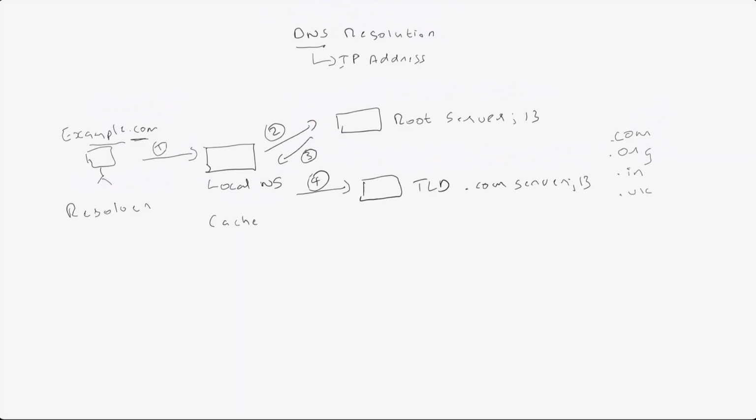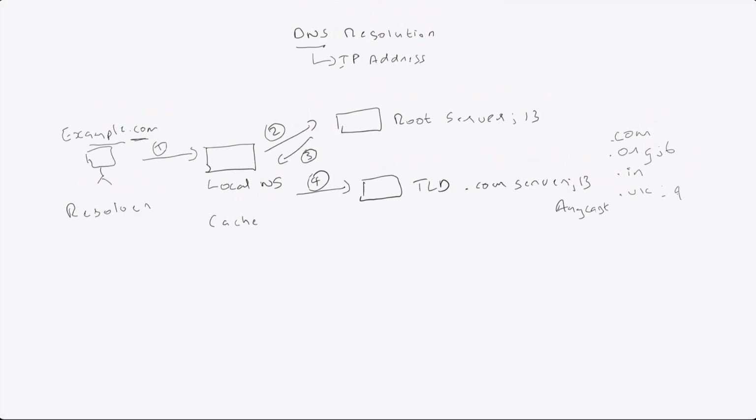Using Anycast, the local name server is going to be sending the DNS query to one of them. I believe for .org, we have about 6 name servers. For .uk, I believe it is 4 name servers that we can send the query to.